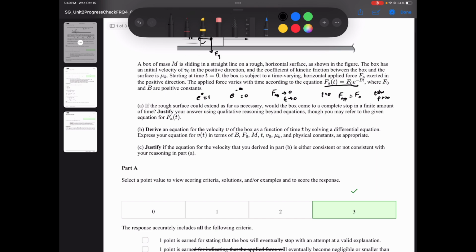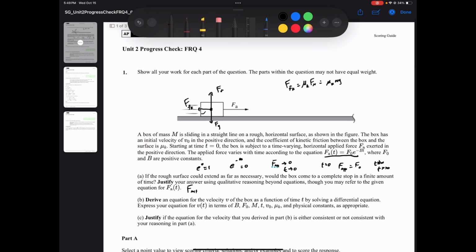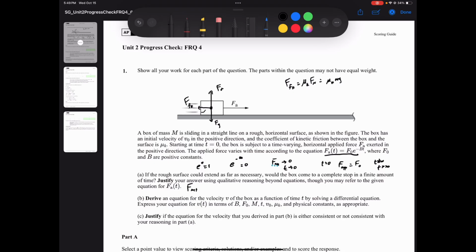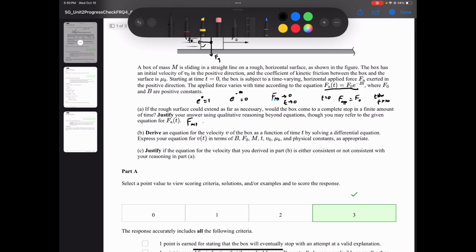Okay. So what we can do is write an equation for the net force, and that tells us how the motion is going to change. So I know that the net force, the things acting in the direction of the acceleration of the box, is applied force and the friction force. So my net force here is going to equal my force applied minus the force of kinetic friction, and that has to equal ma, right?